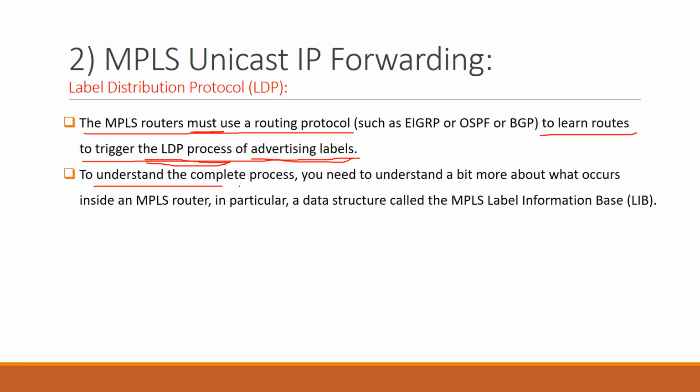Actually, to understand the complete process, you need to understand a bit more about what occurs inside an MPLS router. What does each MPLS router do when it receives an IP prefix label binding? In particular, all these updates are stored in a data structure called the MPLS Label Information Base, or LIB.